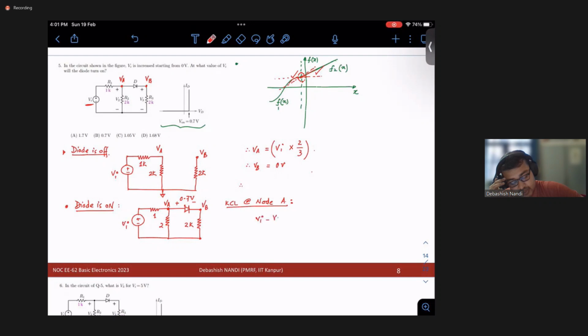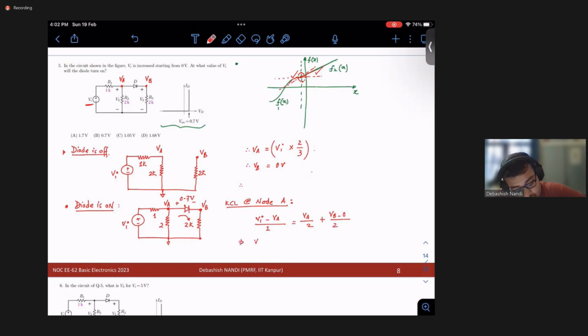VI minus VA over 1 equals VA over 2 plus the current in this branch, which is VB minus 0 over 2, right?